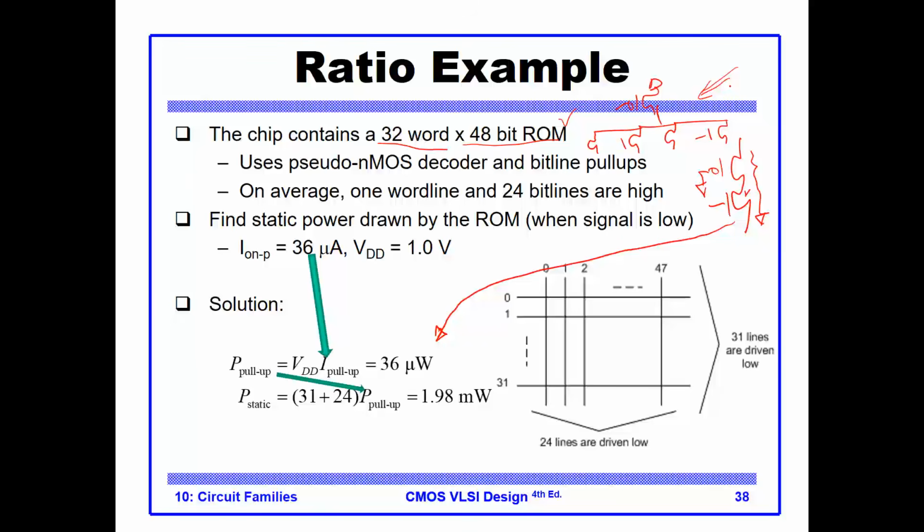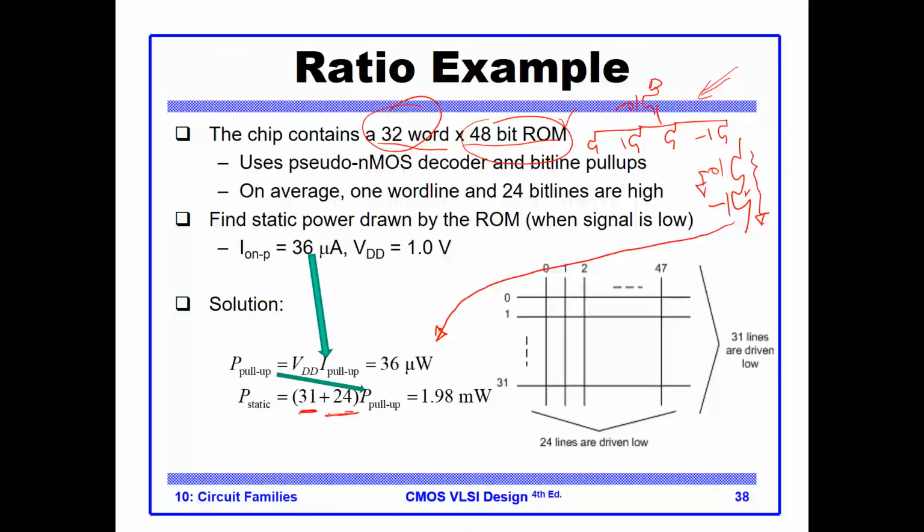Now, in this exercise, he's trying to estimate that if you have 32 words, where you are activating one word, and in that activated one word, you will not have a short circuit, but in the rest 31, you will have a short circuit. And if you have 48-bit ROMs of data, in every line of bit of data, you will end up with a chance of 50% burning a short circuit power.